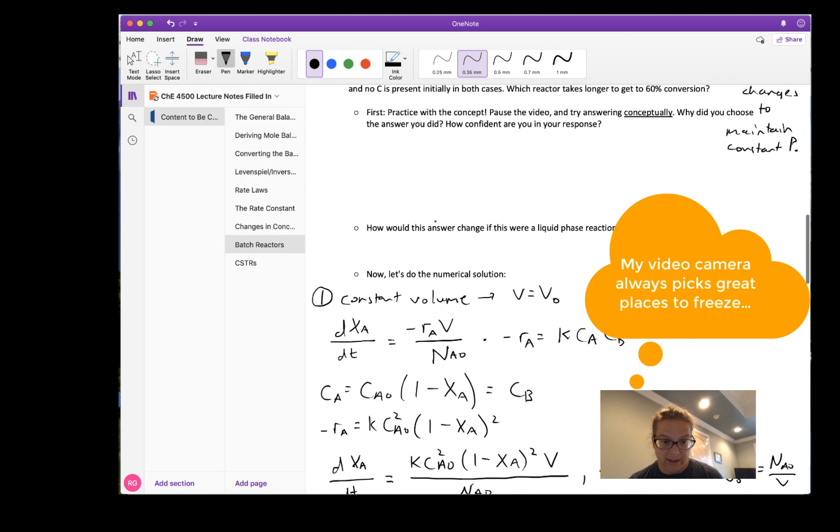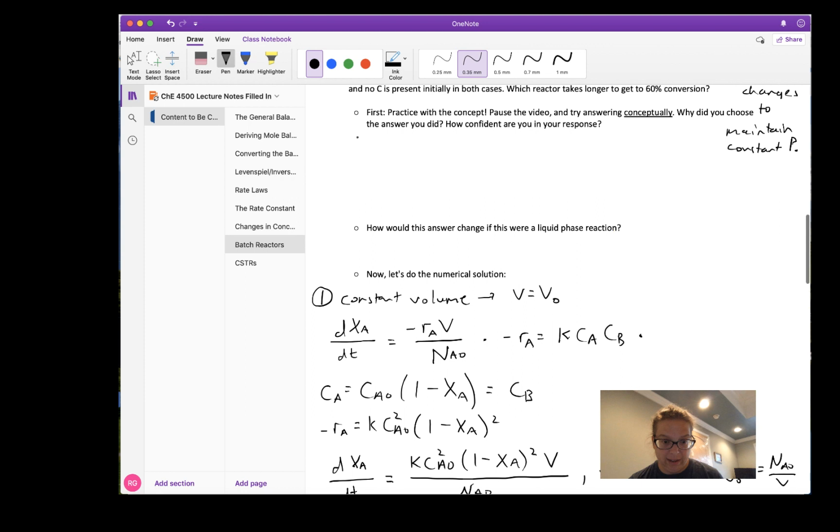So why is that? The constant volume reactor takes longer. The reason is that in the constant volume reactor, the volume is always constant.